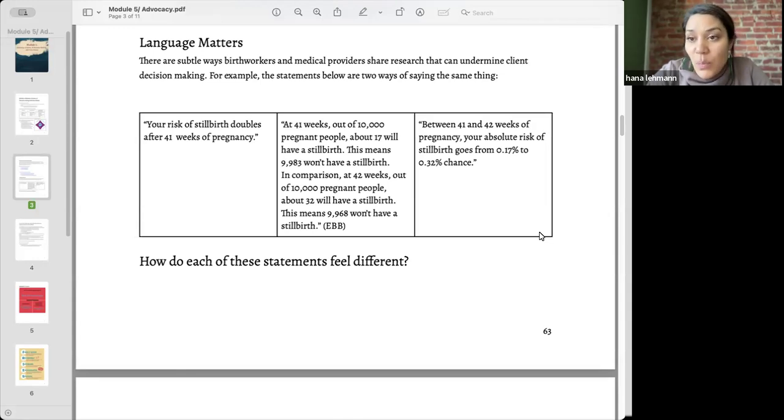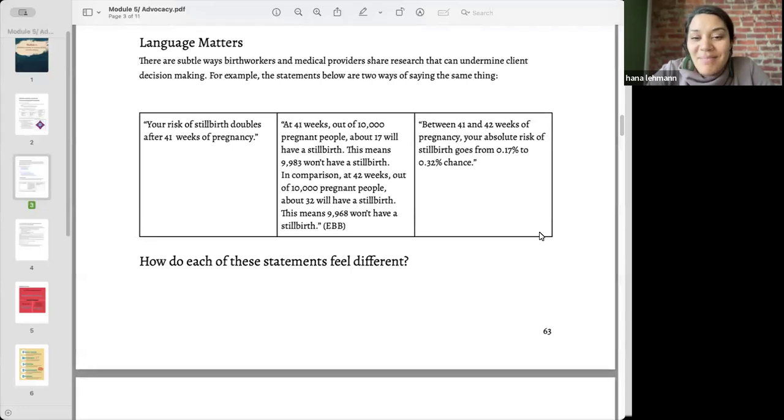And that's a quote taken from the Evidence Based Birth website. And then the third option is: between 41 and 42 weeks of pregnancy, your absolute risk of stillbirth goes from 0.17% to 0.32% chance.